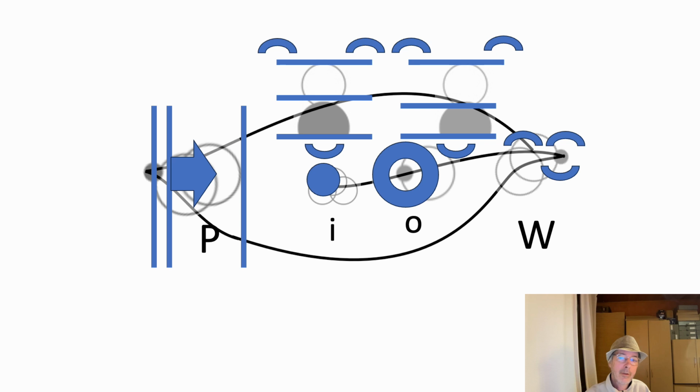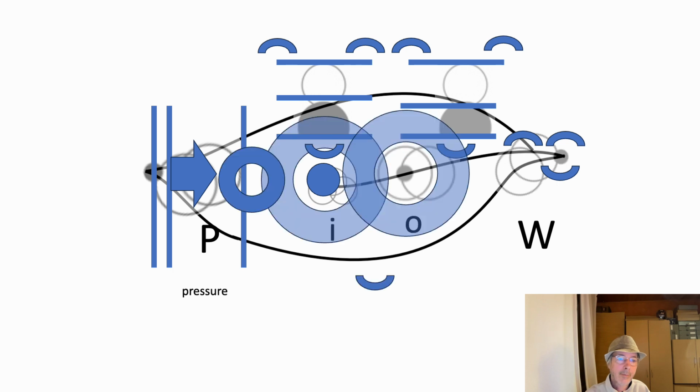So the W's are, of course, everywhere because it's the effect. So we start with the pressure from P. This pressure is going into the object, and into, with the I, an object of space with the O, and the W as the effect.